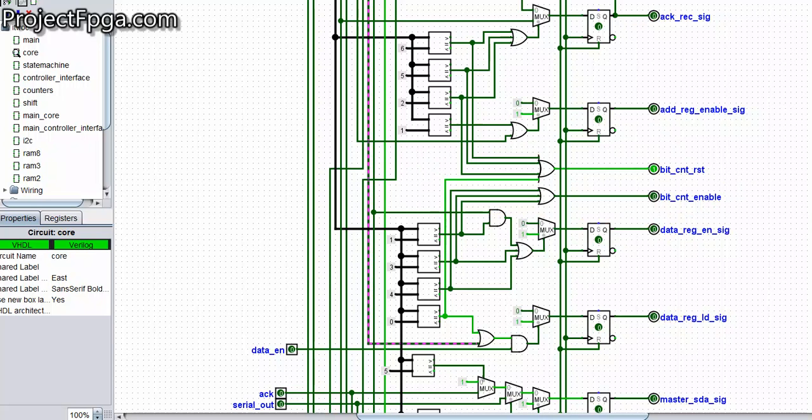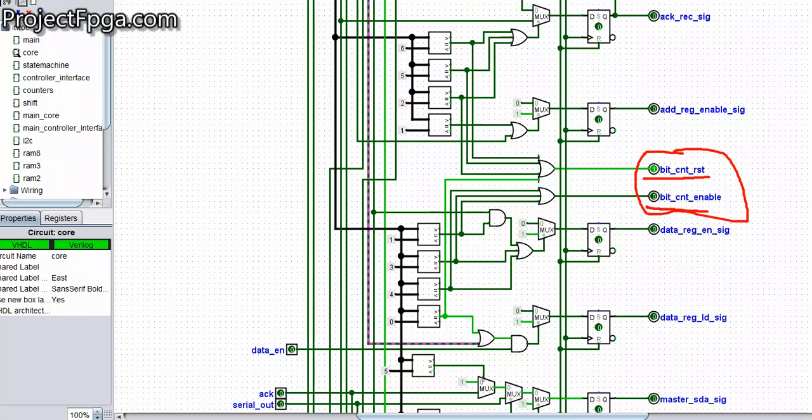It counts depending on what state machine state we are on. So what we're going to check is this bit count reset and bit count enable. The bit count reset is when we reset the counter, and the bit count enable is when we start counting. So this means the states at which we count and the states at which we reset.